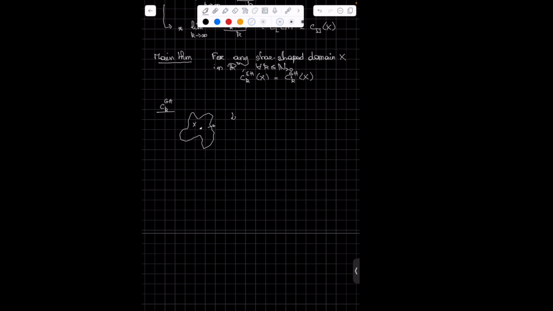And now let lambda 0 be the one form on R2n, which is 1/2 sum of xi dyi minus yi dxi.